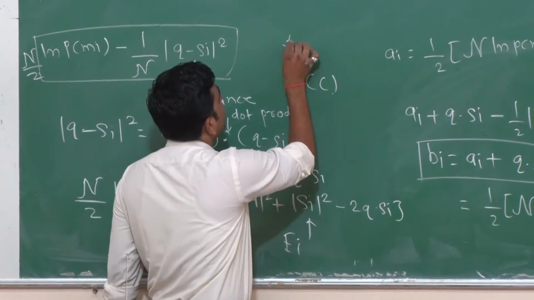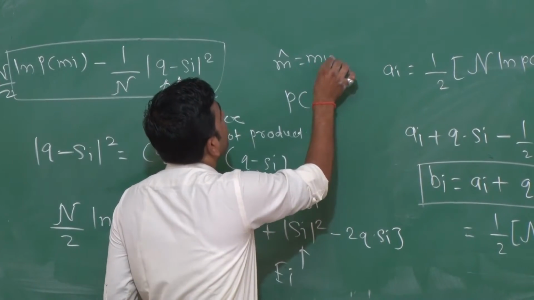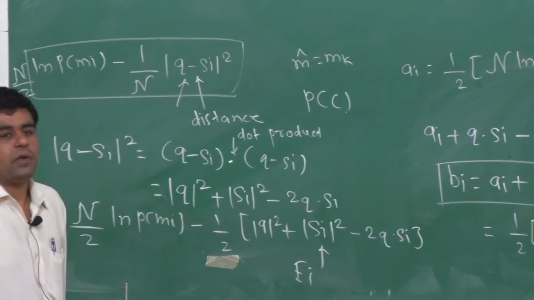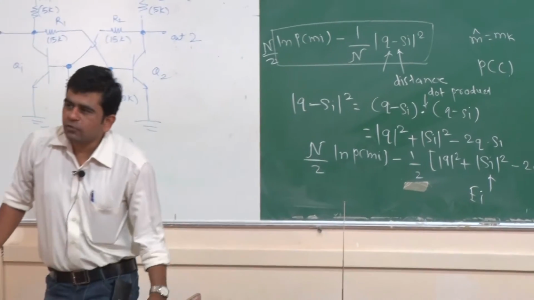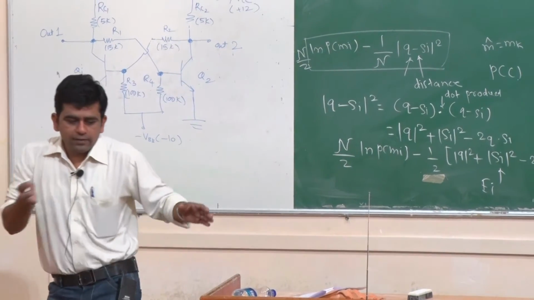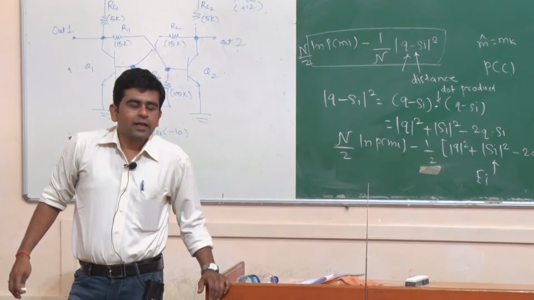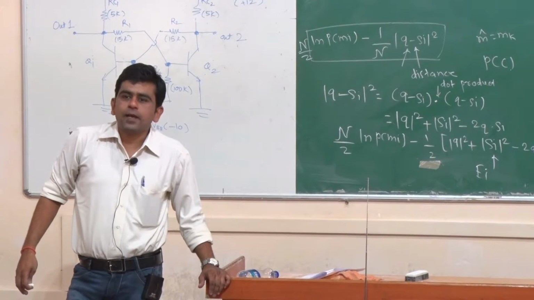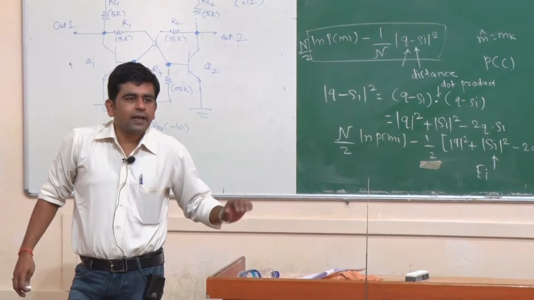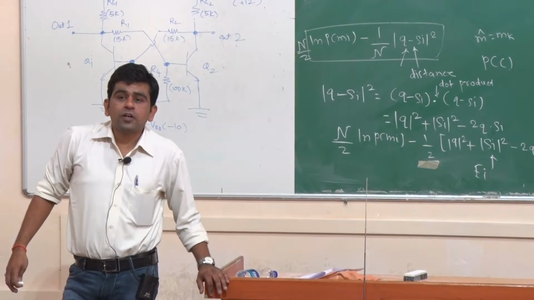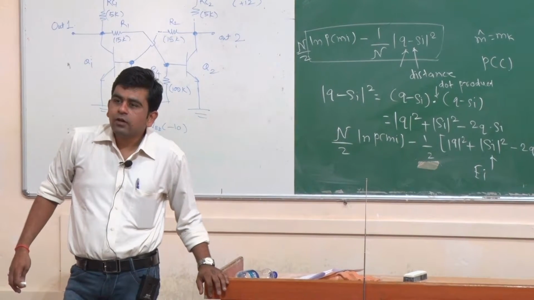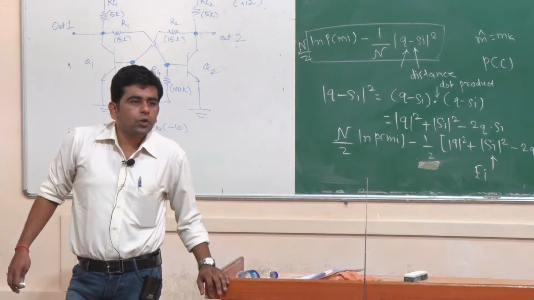Correct decision is nothing but M cap is equal to Mk. The transmitter sends the M symbols, that is S1, S2 up to Sm. On the signal space diagram, we have corresponding regions, that is R1, R2 up to Rm.